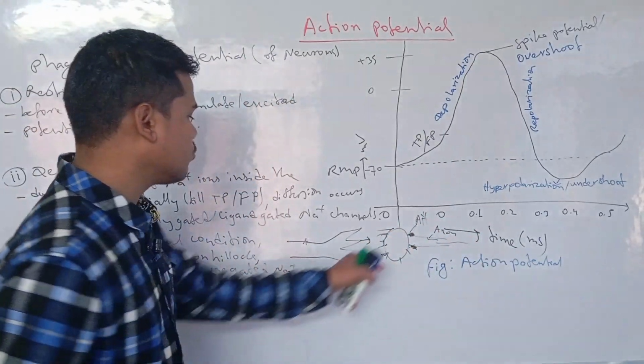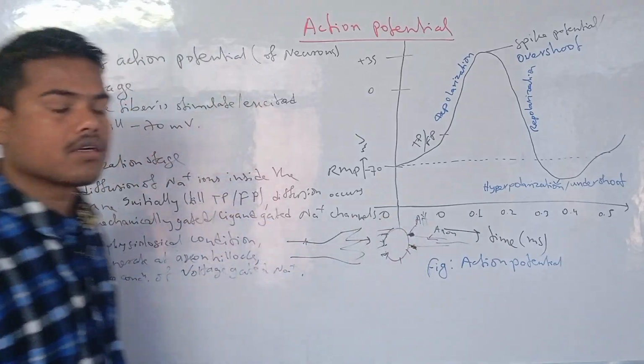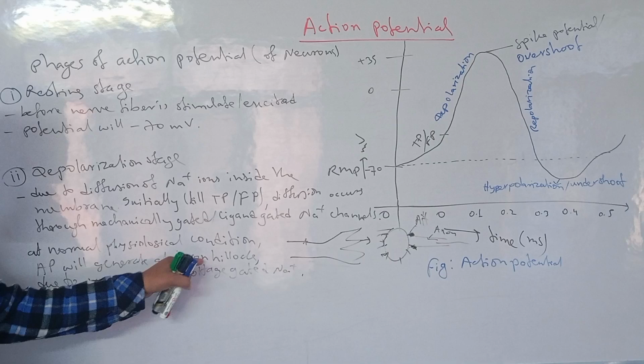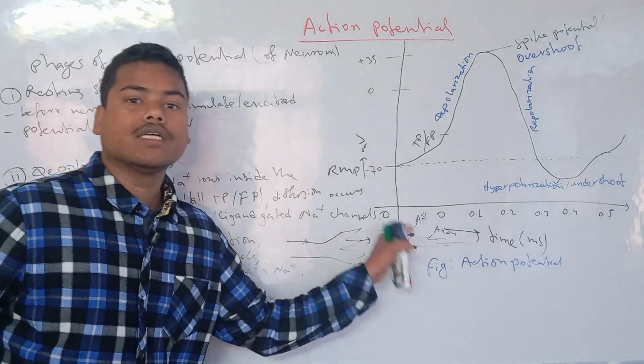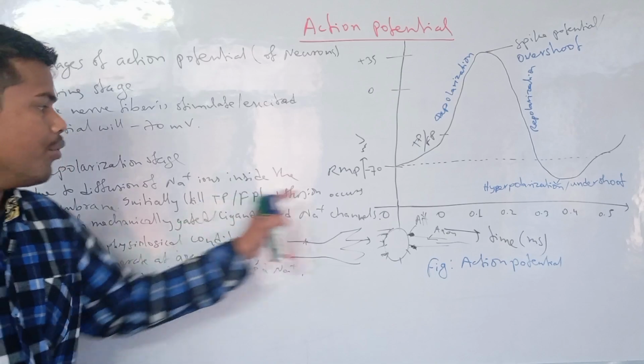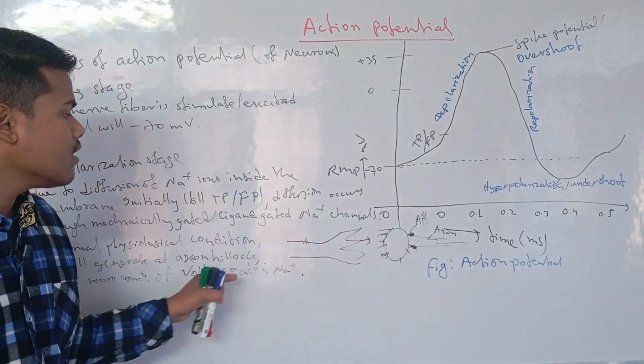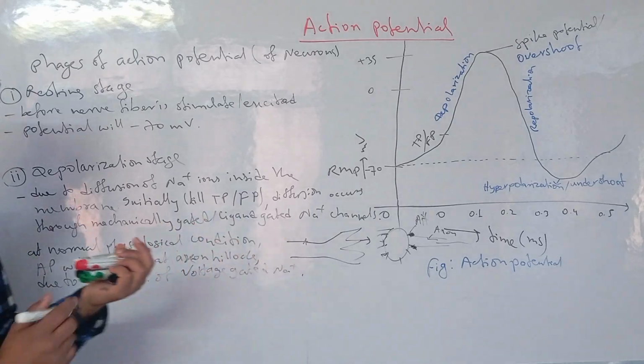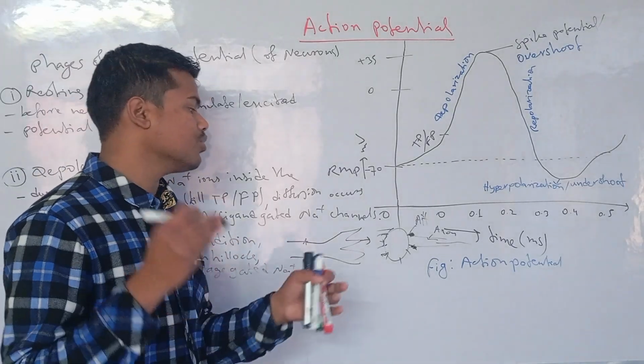More voltage gated sodium channels will be here at the axon hillock, so the action potential will generate here. Where it occurs and why, the reason is here. So this is again your important viva and MCQ question.